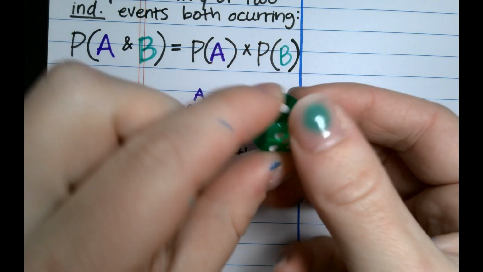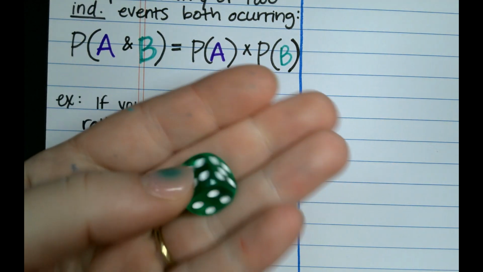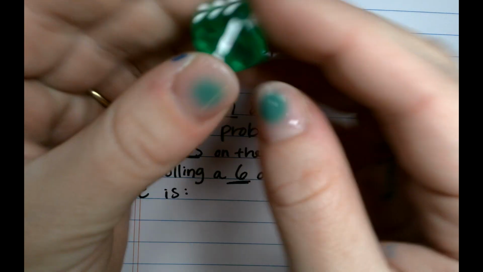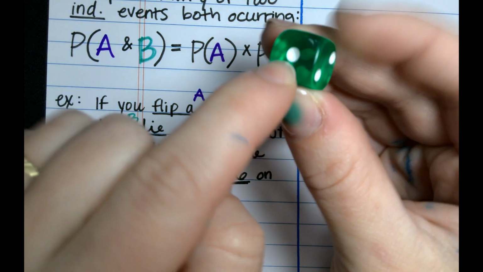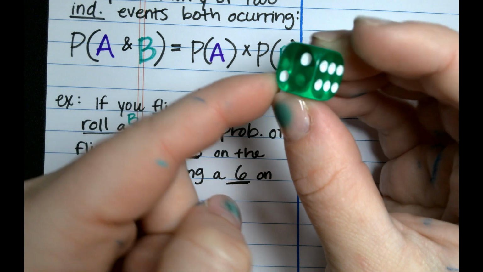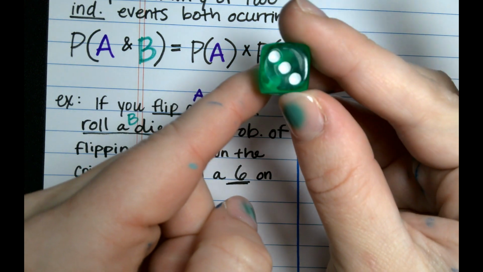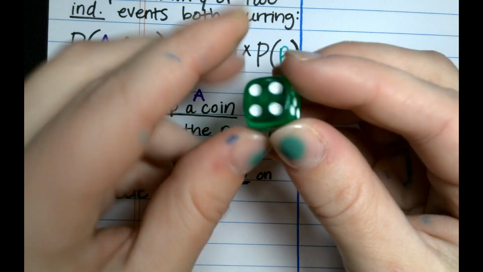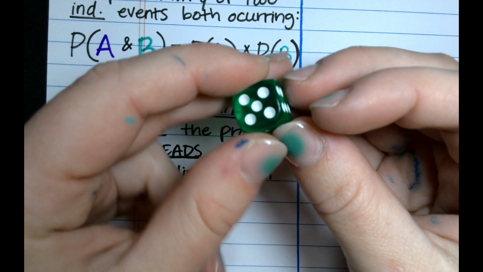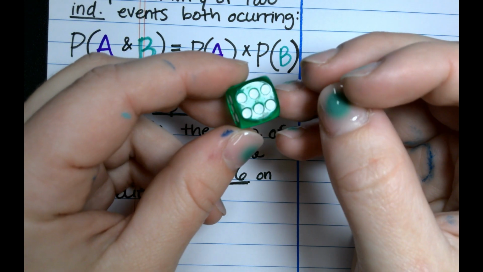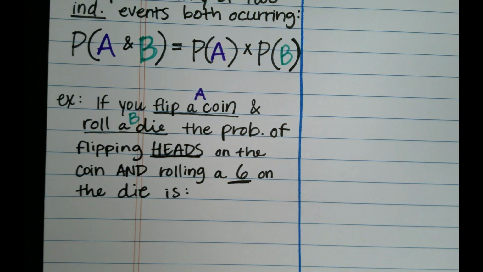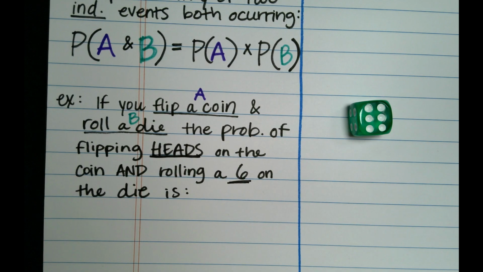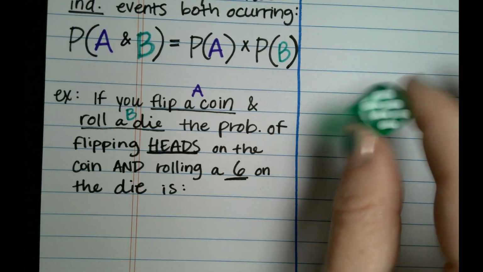How many sides are on this die? Oh, there's 6. Let's count. 1, 2, let me find the 3. 3, 4, 5, 6. There are 6 sides. So first, let's think about how many possible outcomes would there be for rolling a dice?